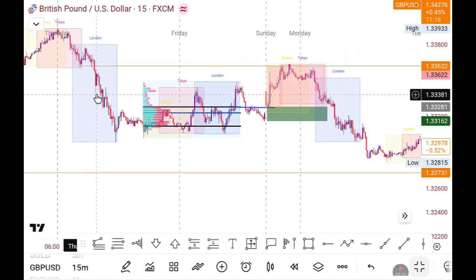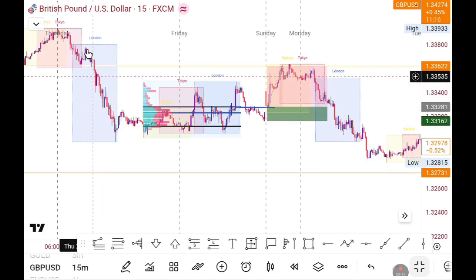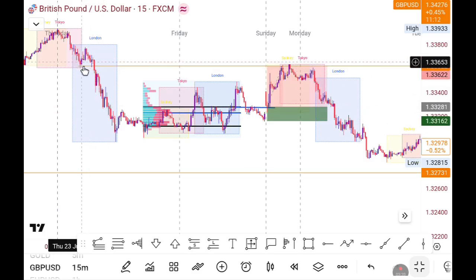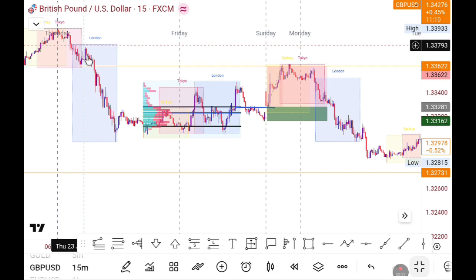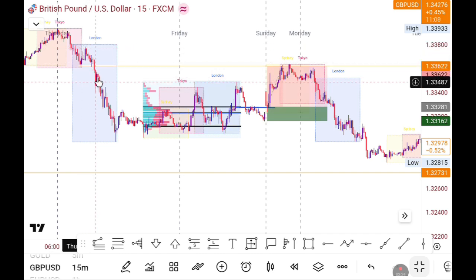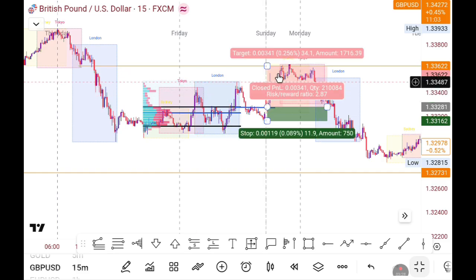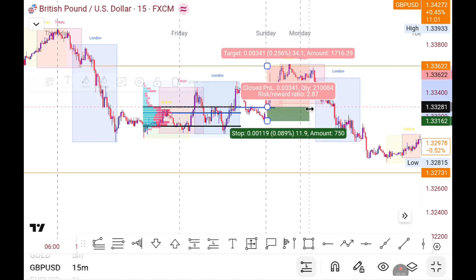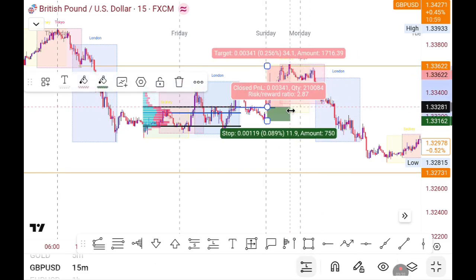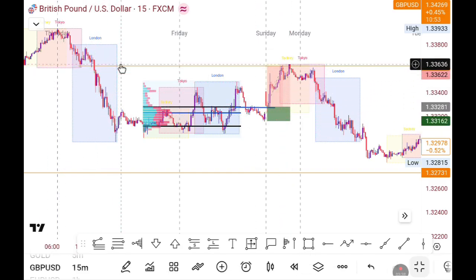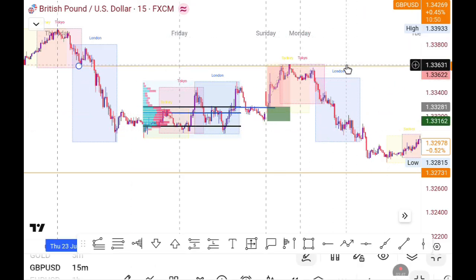You need a little bit of SMC knowledge. Instead of staying support, it acted as resistance. This was my target, with a risk of 1:2, or we can say 1:3. That's how we got an entry on Monday opening.